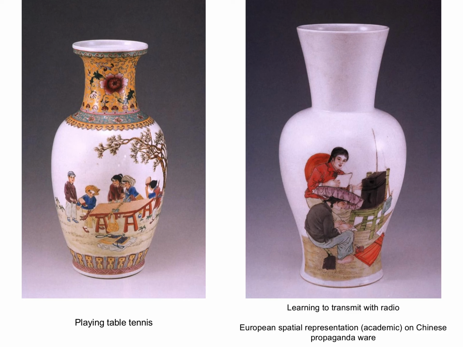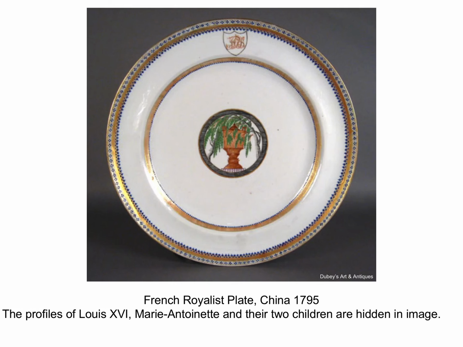For some very interesting reasons, in the late 50s, early 60s, when propaganda ware was made in China, there is much more of a use of a European academic spatial representation, and we don't have that convincing and sophisticated relation between empty space and representations that we found earlier. So not only is there a change in the political system, but there is a change in the stylistic, aesthetic approach to image making that happens in China at the time.